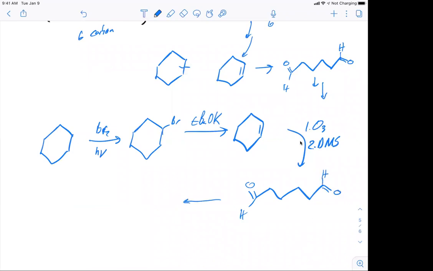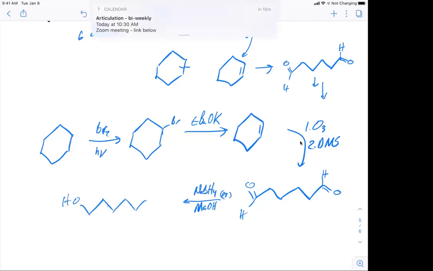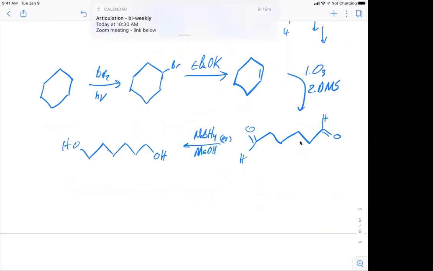And then here we just use an excess of the sodium borohydride. That will get me to the alcohol. And then here we could do it in 1 step or 2 steps. 1 step, you just kind of keep going, but I'll do it in 2 steps because it works a little better in 2 steps.